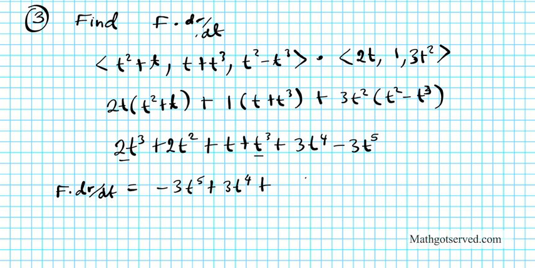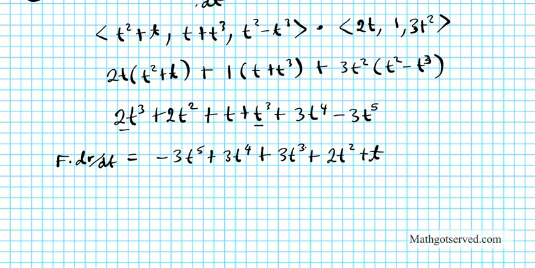So we have 3t to the 3rd, and then 2t squared is on its own, plus 2t squared plus t. So there goes the dot product of your variable force vector and the derivative of the position function.